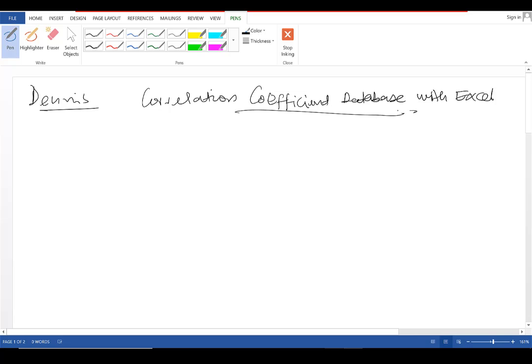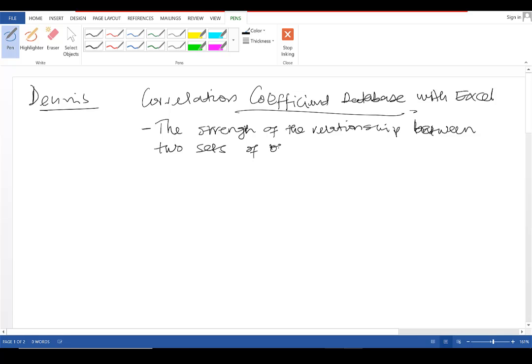So when we say correlation coefficient, it is the strength of the relationship between two sets of variables.